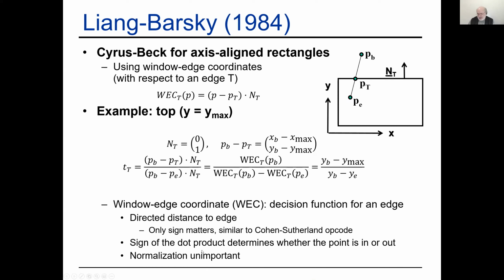And the normalization here is completely unimportant. If your normal vector is twice as long, or you scale it by any value, it's still a distance function, and since you only care about the sign, everything's still fine. Of course, you can't multiply with a negative value because that changes the orientation and things are different.